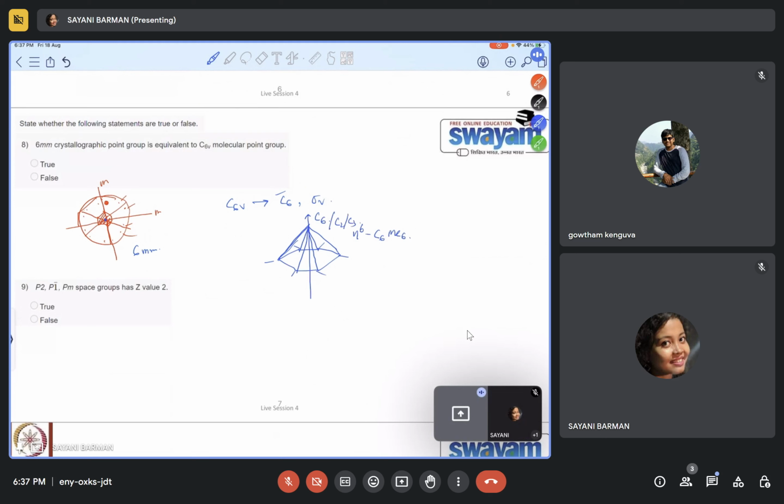If we relate the 6mm crystallographic point group to the C6v molecular point group, we can say that yes, there are mirror planes. This can be a mirror plane, like this, containing the principal axis. Then there can be mirror planes like this and this. Okay. So yes, the 6mm crystallographic point group is equivalent to the C6v molecular point group.